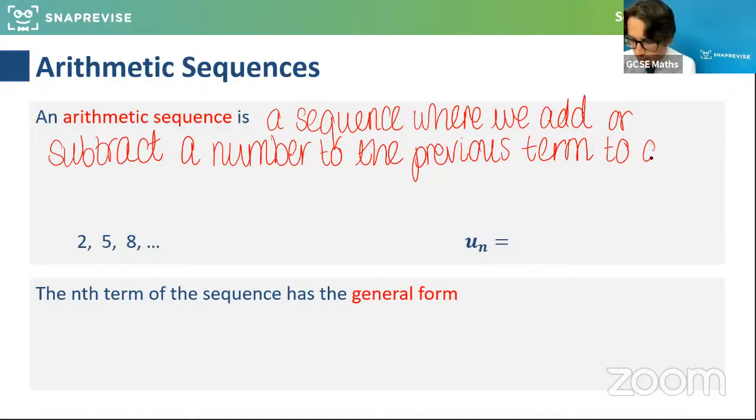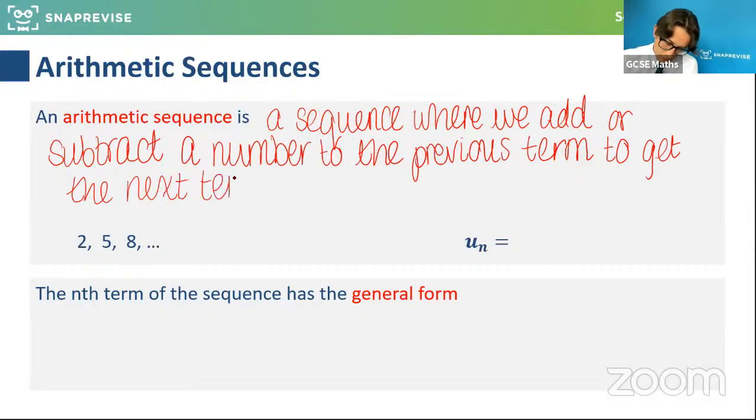So maybe have a little look at this sequence here and see if you can work out what the rule is that's going on. Okay. So 2 to 5 to 8 and so on. So what we're doing each time is we're adding 3. And so the next few terms we should be okay.